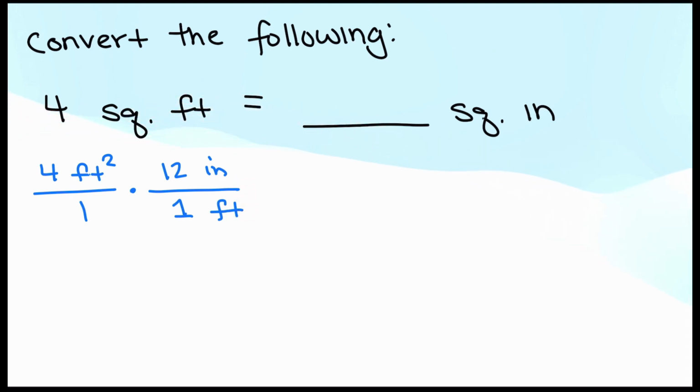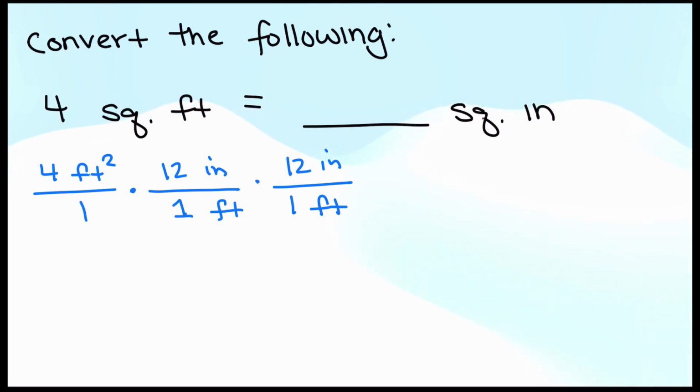So I've got 4 square feet over 1, and my conversion factor is I know 1 foot equals 12 inches. Now notice that 1 foot equals 12 inches. These are not square inches and square feet. These units are not the exact same. And so if you want to cancel out a square feet, you actually have to multiply by the conversion factor twice.